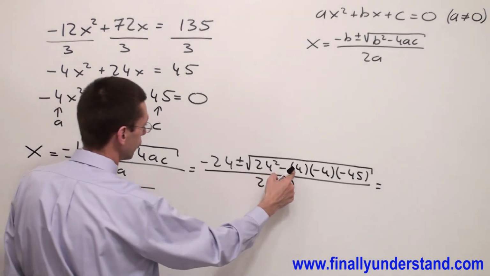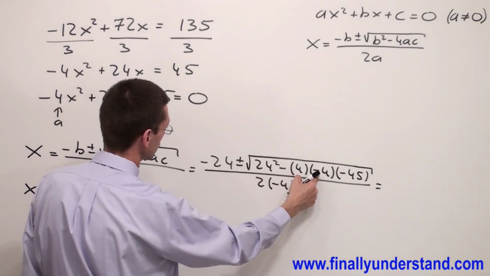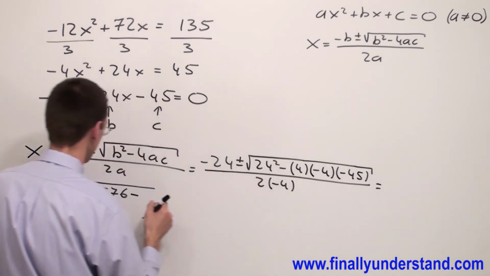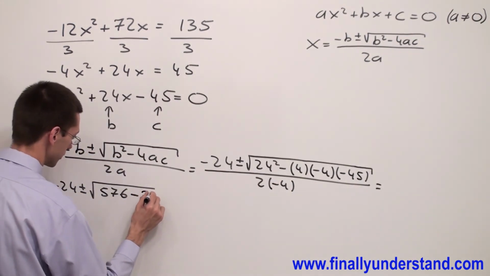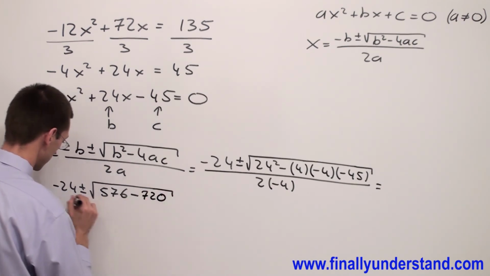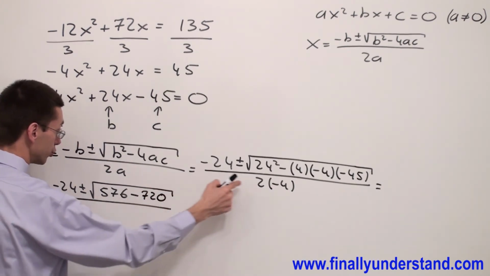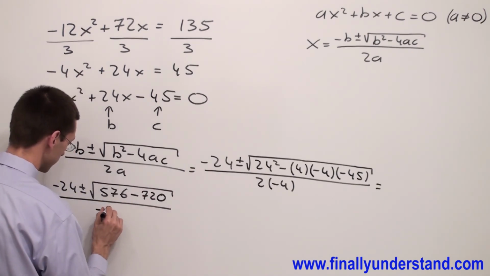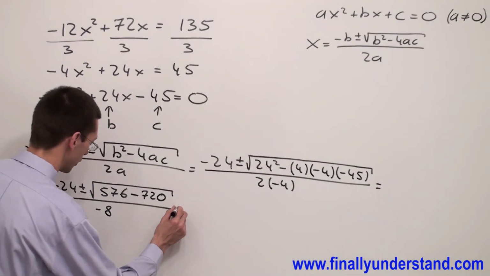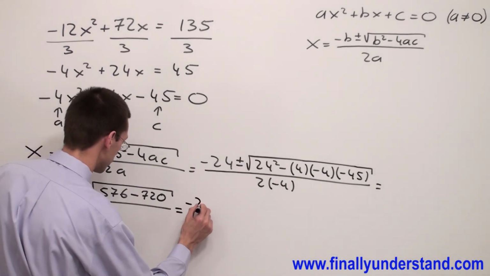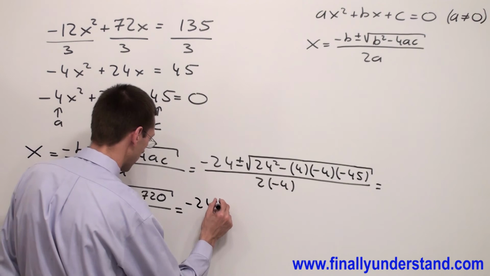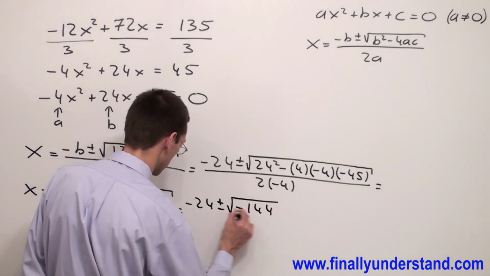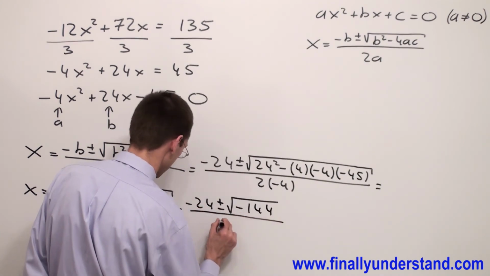And I have 4 times 4 is equal to 16. 16 times 45 is equal to 720, over 2 times negative 4, which is equal to negative 8. This is equal to negative 24 plus or minus the square root of negative 144 over negative 8.